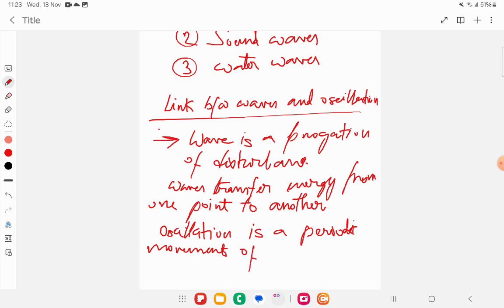This is the link between waves and oscillation.